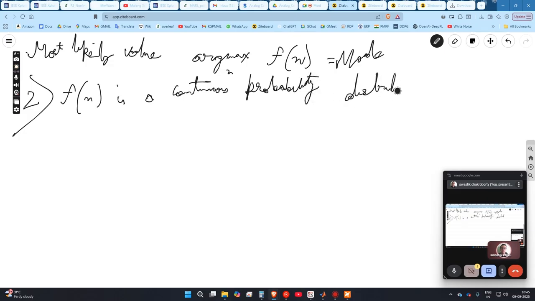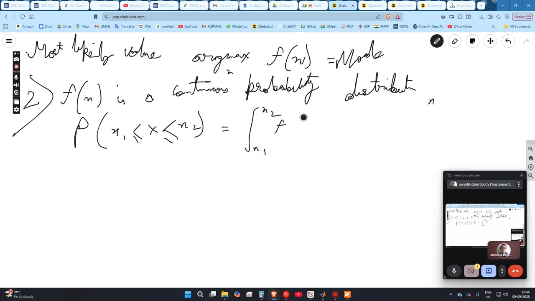Since it is continuous, at a particular point x, how do you find the probability? Probability for a continuous random variable is defined as follows: if you want to find the probability that a random variable lies between x1 and x2, you integrate the probability density between x1 and x2. That is how you get it.